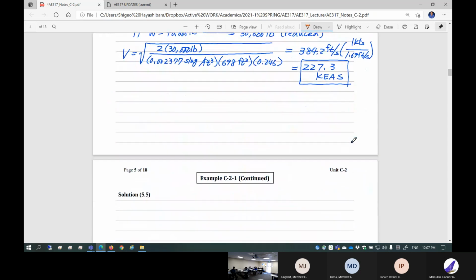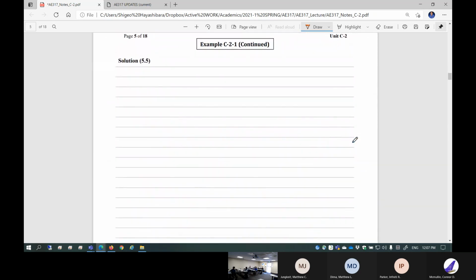Let's take a look at it. Move on to page 5, okay? So I'm going to continue on the sailplane analysis. Okay, sailplane drag polar is given.